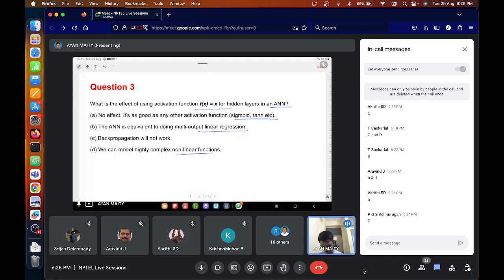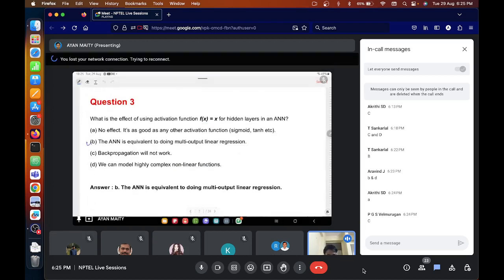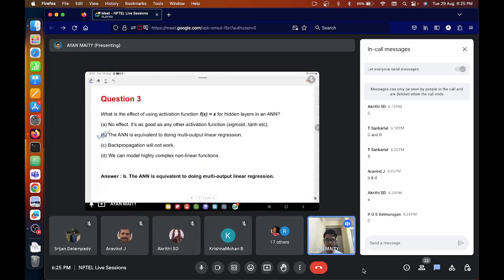So the correct answer here is only option B, that the ANN is equivalent to doing multi-output linear regression. The first option says no effect, it is as good as any other activation function. This is not right. This linear activation function is of almost no use in neural networks. It is simply like not using any hidden layer in that place.